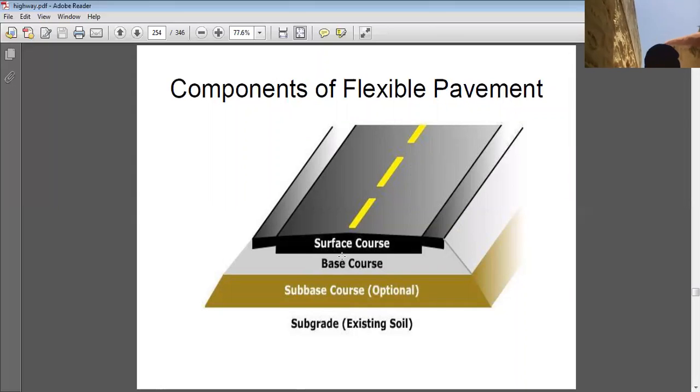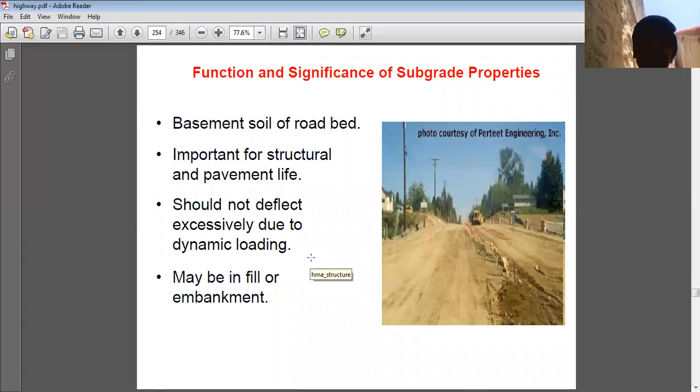Components of flexible pavement: one is the top surface course, second is the base course, then subgrade. Base course is very important because continuous load occurs here. Load is transferred from the base course to the sub-base, and again to the subgrade. Distribution of load is very important here. Function and significant subgrade properties: the basement soil of the road bed is important for structure and pavement life.